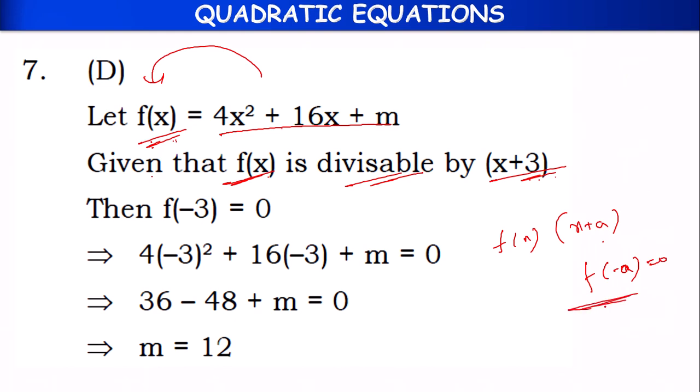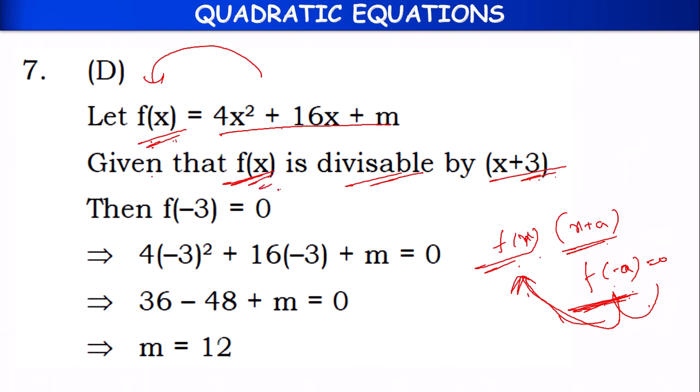In remainder theorem we have learned this. We have remainder theorem and factor theorem. As per that, we have learned that if f of x is divided by x plus a, then f of minus a will be the remainder, and f of minus a will be equal to 0. This we have learnt already.